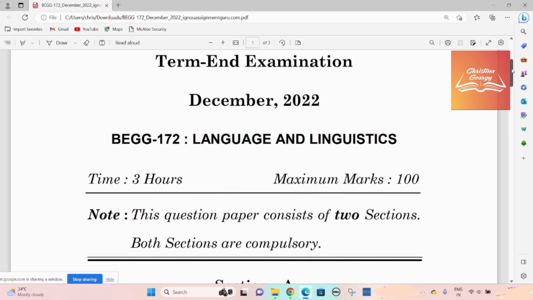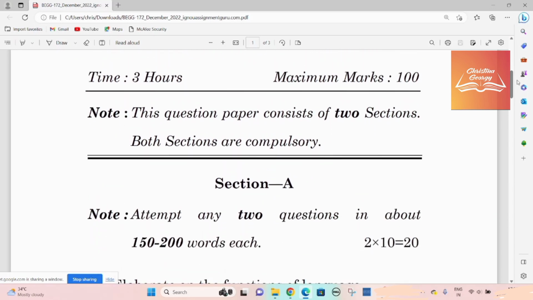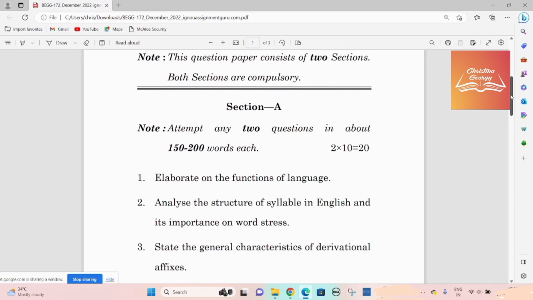Now, let's have a look into section A. See, there is also an instruction provided. Attempt any 2 questions in about 150 to 200 words each. So, you just have to attempt 2 questions. So, how many questions are provided?